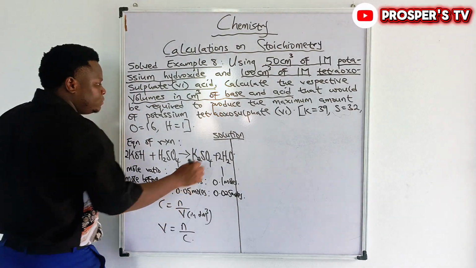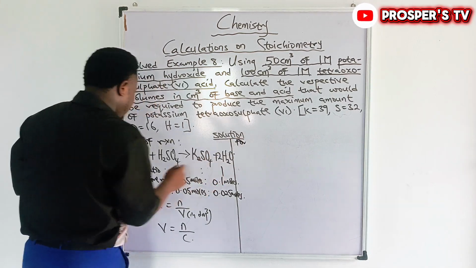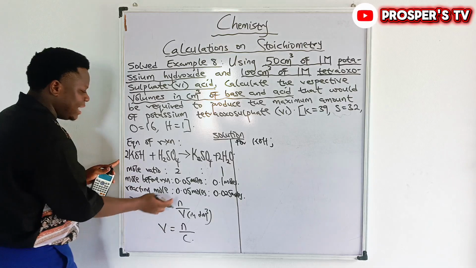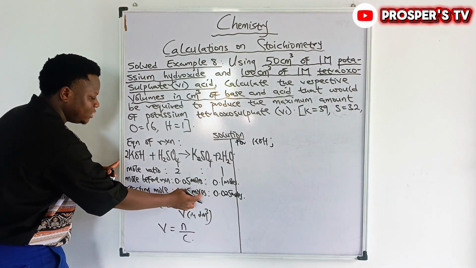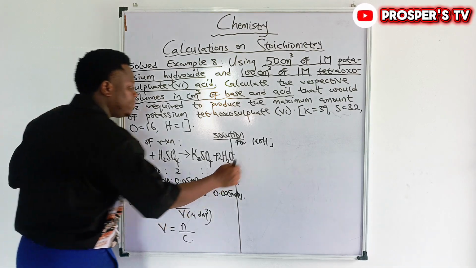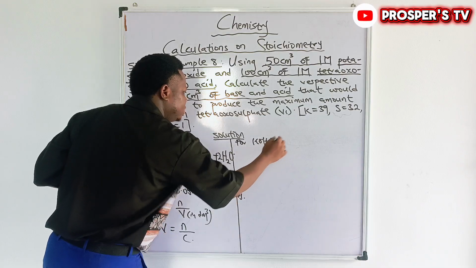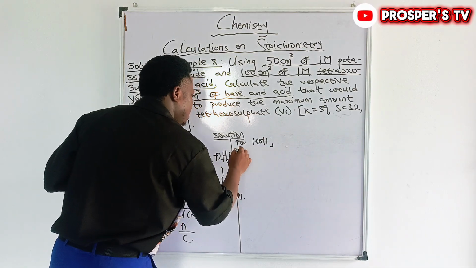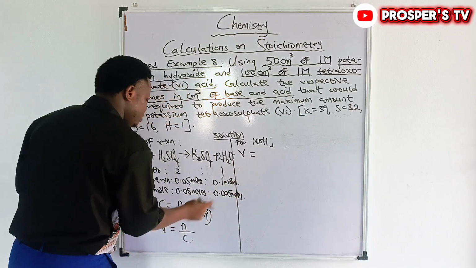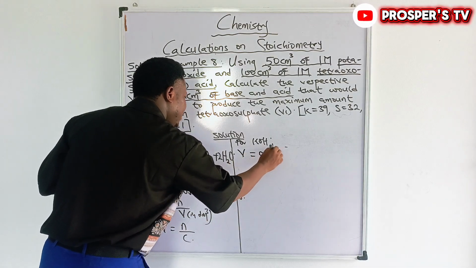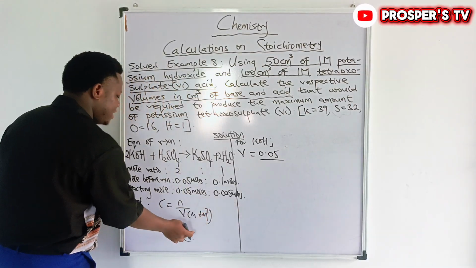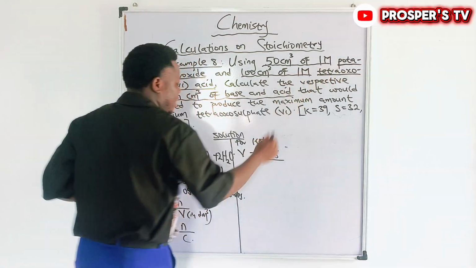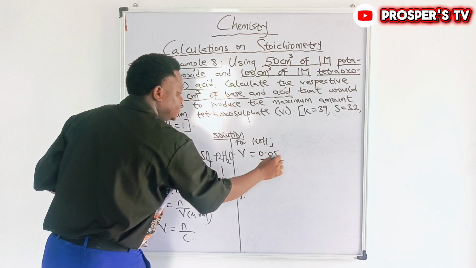Okay? So we'll come back and say for KOH, we have discovered that the amount for KOH that we need is what now? 0.05 moles. So our volume is going to be, your amount becomes 0.05 all divided by the concentration of KOH, which is given to be 1 mole per dm cube. So divided by 1.